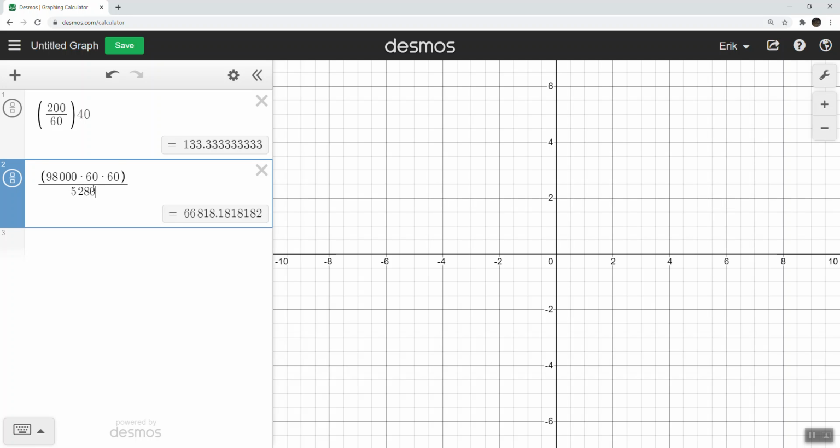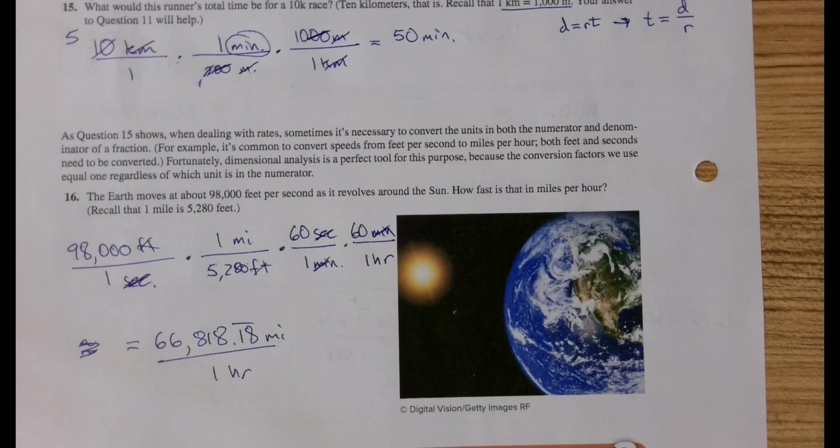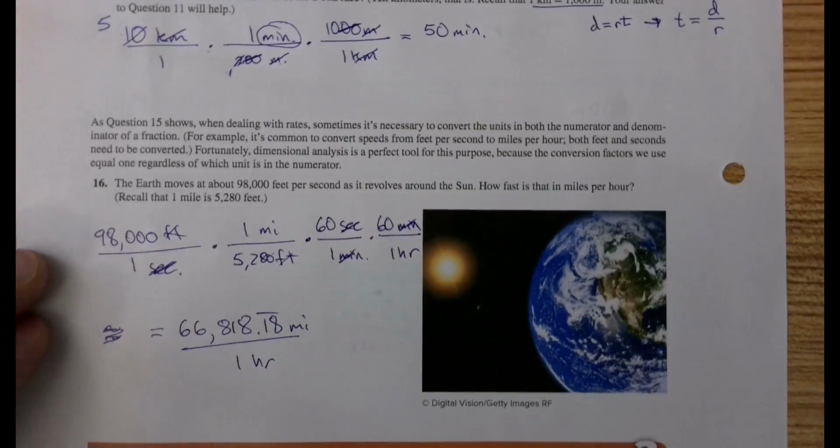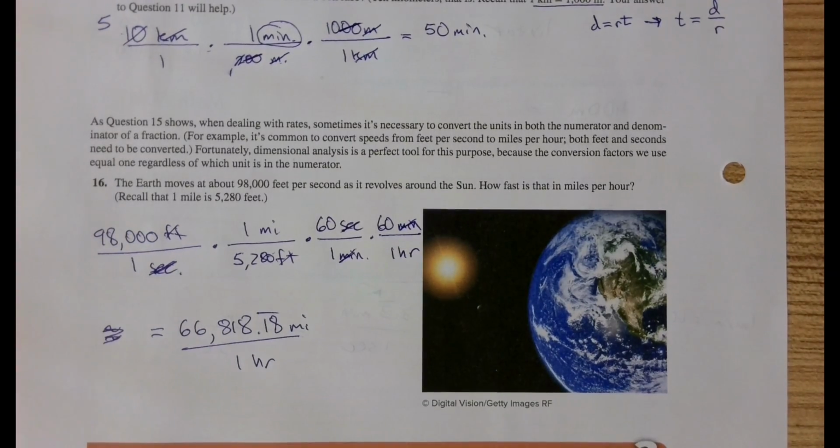We're hurtling through space at a rate of 66,818.18 repeating miles per hour. Seems kind of fast. If we were to stop abruptly, all life would cease to exist if our planet stopped its movement.